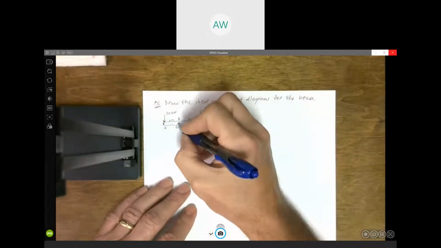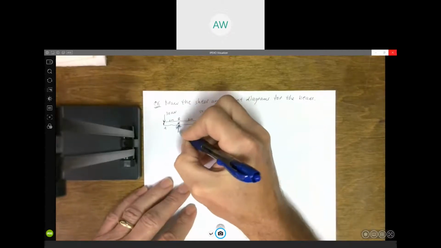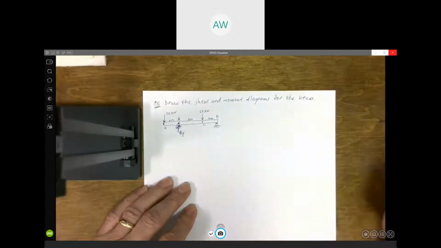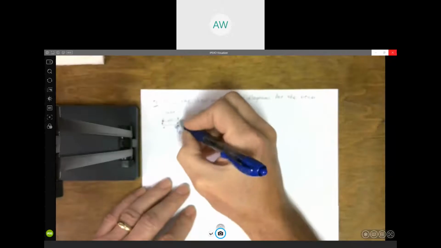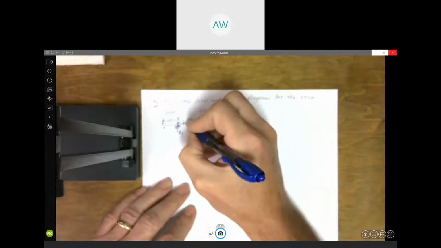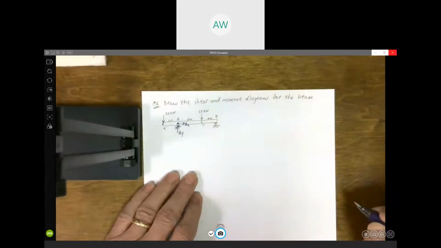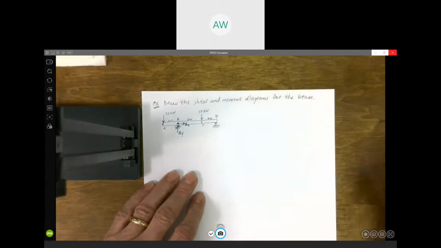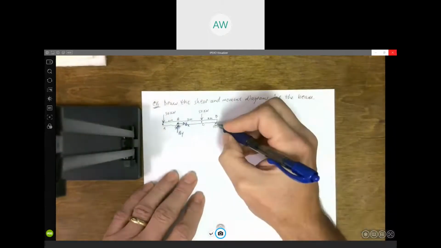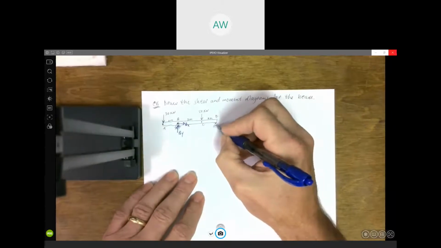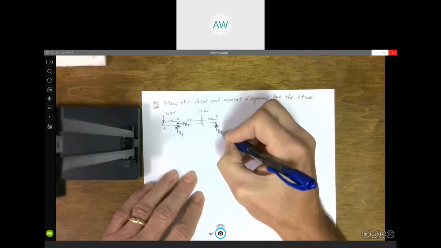At this pin support, we're going to have a vertical support reaction we'll call By. We'll have a horizontal support reaction, or at least it's capable of providing one. And here at our roller, we just have a vertical support reaction.